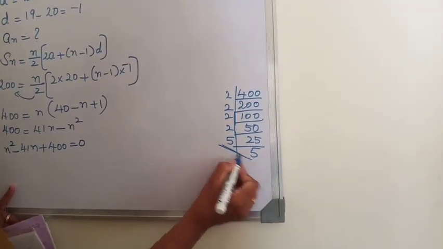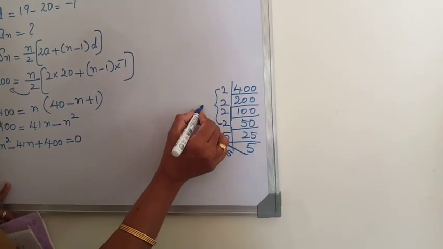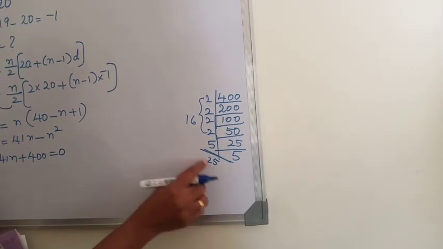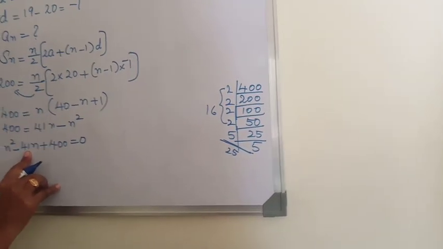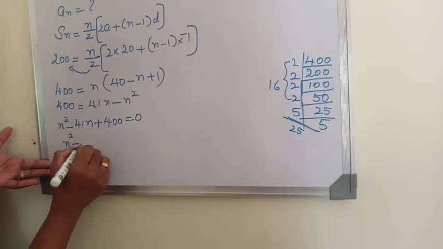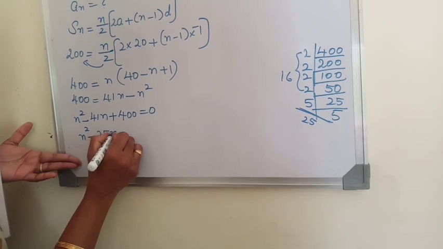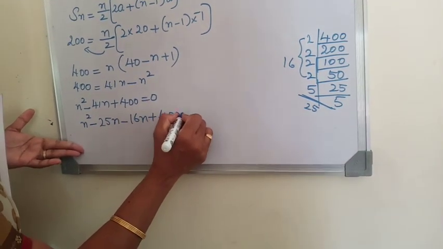See, 5 into 5 is 25. 2 when you multiply 4 times, we will get 16. When you add 25 and 16, we are getting 41. But we have to get minus 41. So we will write n square minus 25n minus 16n plus 400 equals 0.